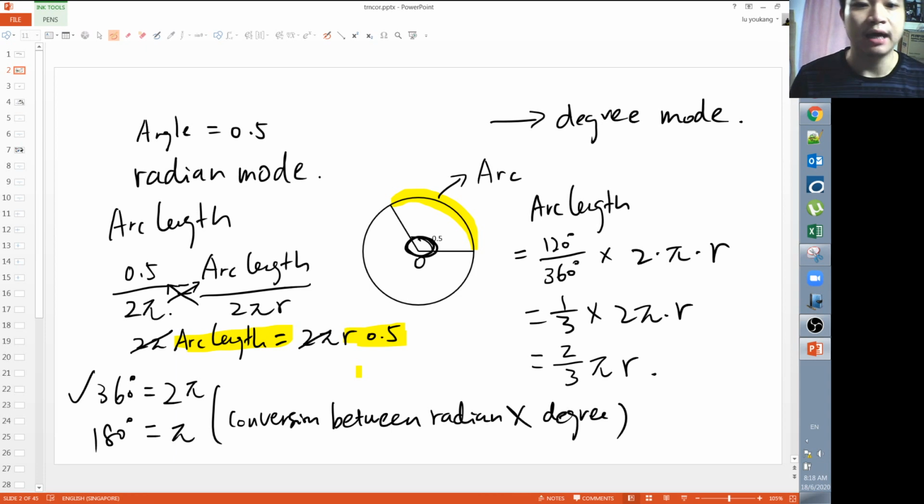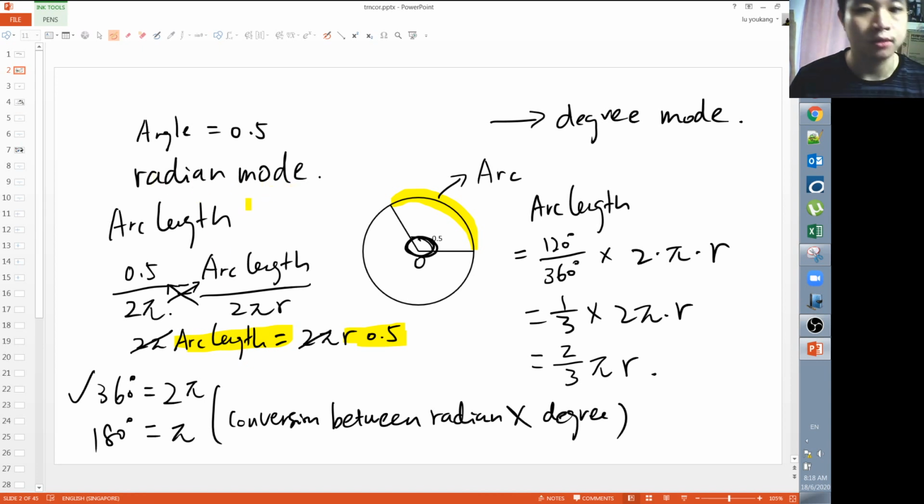So I have demonstrated to you how you can make use of this formula, if you can call it, or this method to solve your arc length in degree mode, and I have demonstrated to you how you can solve your arc length in radian mode.